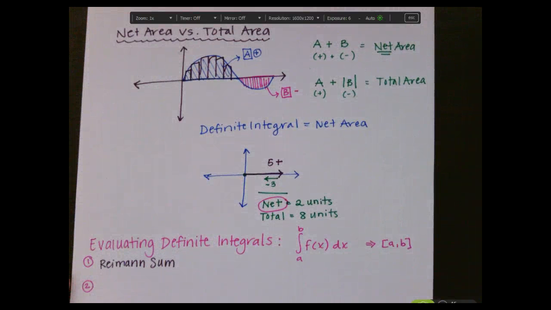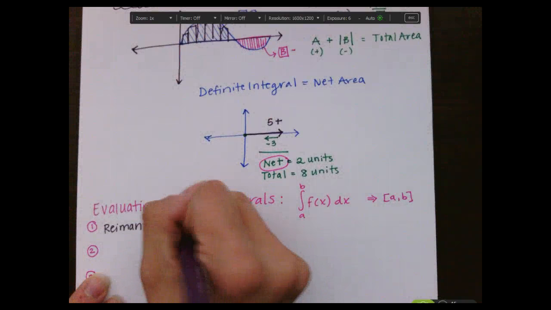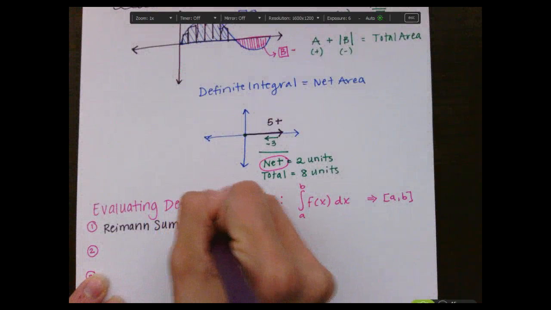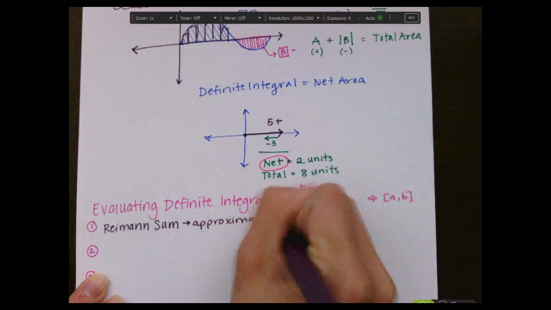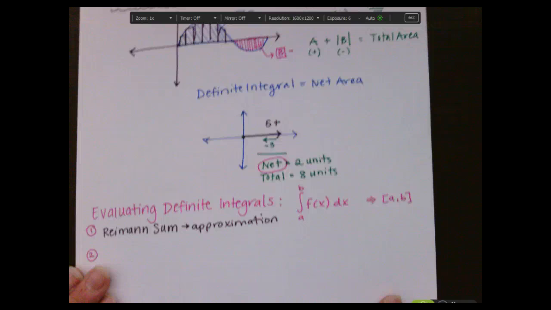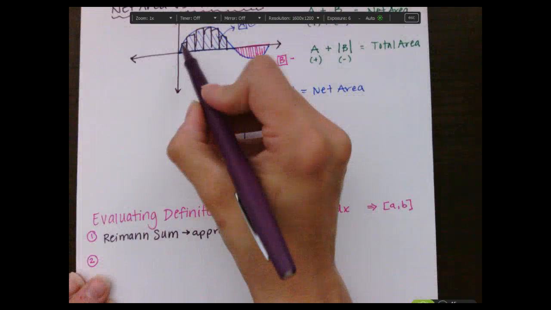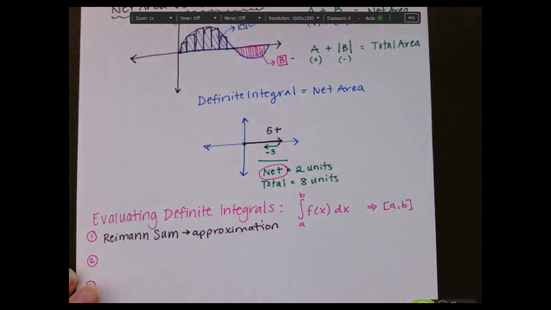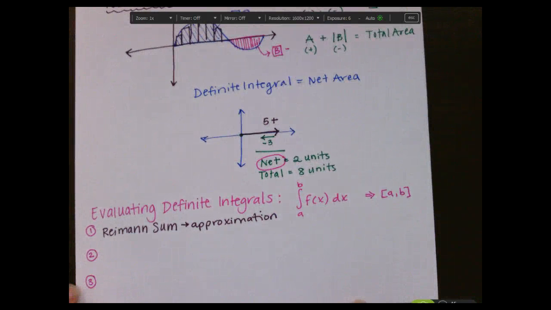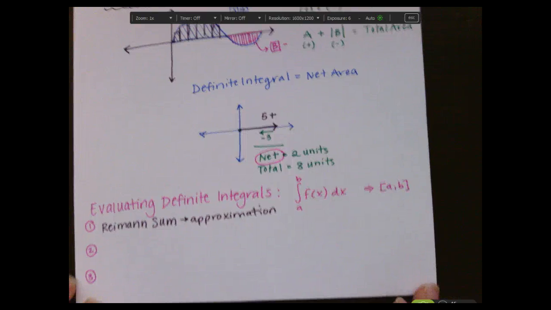That's one way, but in general the Riemann sum is an approximation of the area under that curve. When we create these rectangles, they're not precise, and often there's a little bit of an underestimation or a little bit of an overestimation. But the formula goes like this.